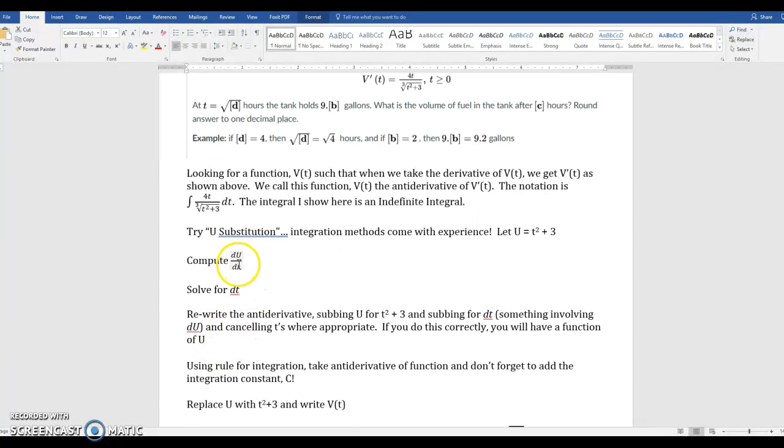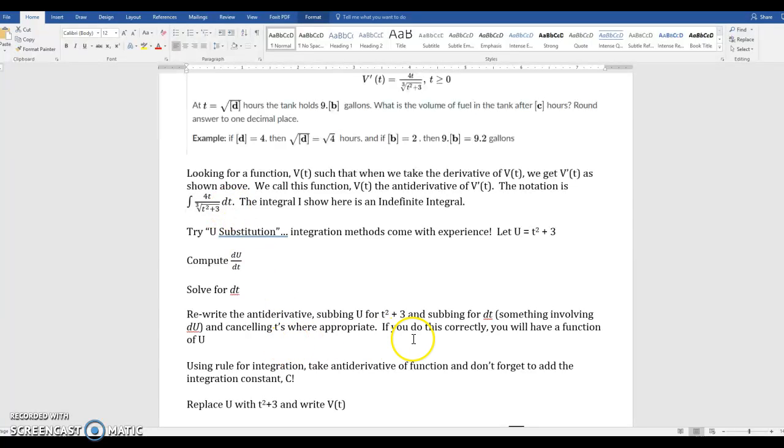Then, after these first two steps, I want you to rewrite the antiderivative, substituting for u. So again, rewrite this. You'll have 4t over the cube root of u. And then I also want you to substitute for dt. So whatever you got when you solved for dt, you're going to have that substitution here.